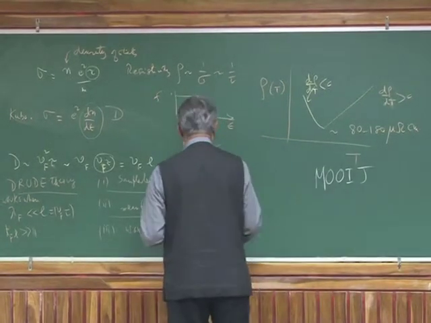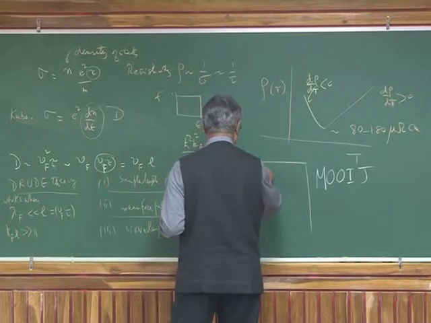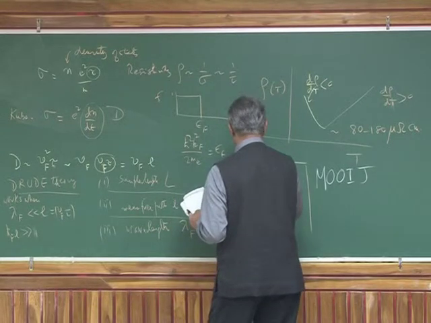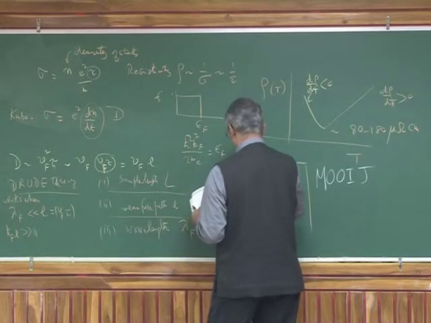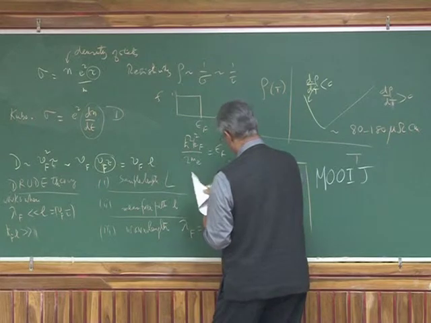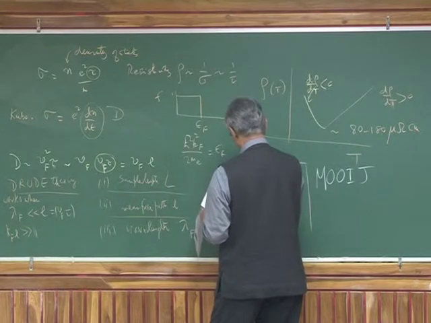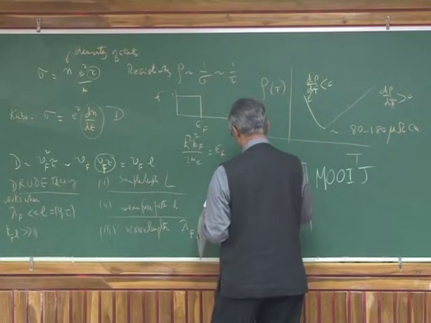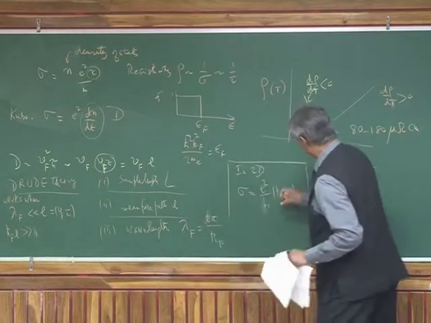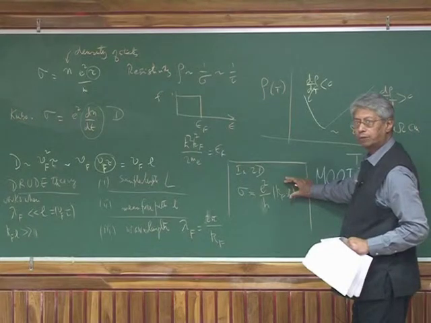So in 2D, sigma, the Drude conductivity, has this structure: e squared over h bar, well, e squared over h, times kF L. So kF L is a sample dependent property, right?